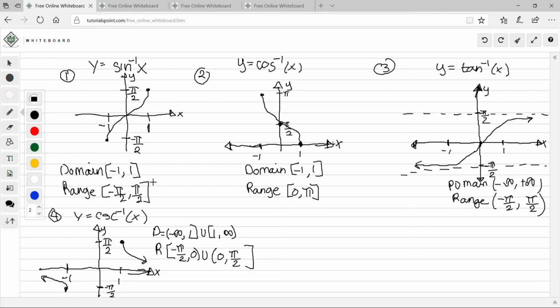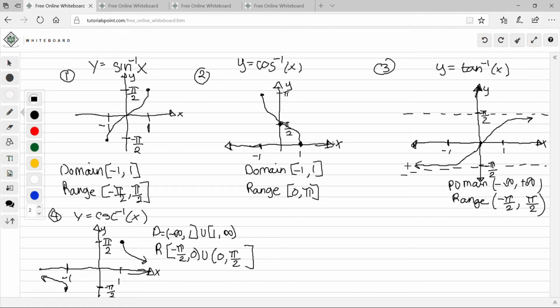The range is very important because this will tell us what quadrants we can use. So for cosine inverse, we have the domain of -1 to +1, and the range is from 0 to pi. So it's just in quadrant 1 and quadrant 2.